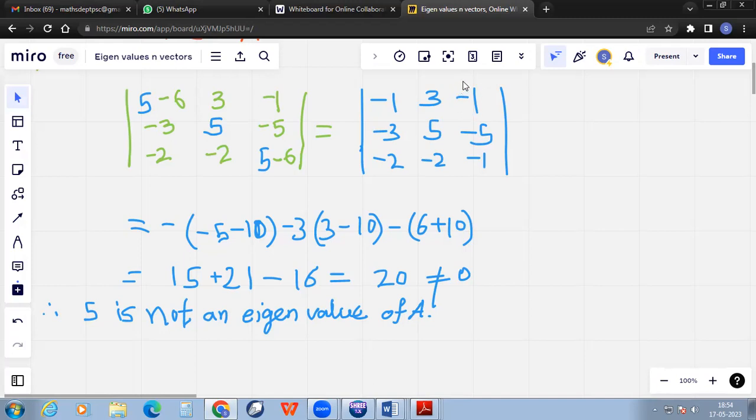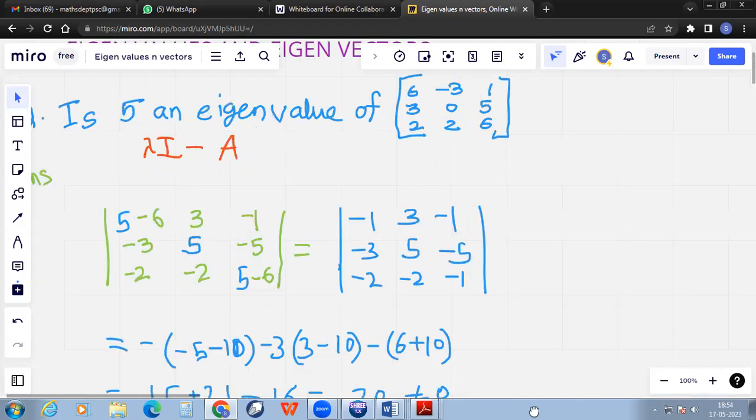This is itself a negative entry, so we will have minus here, and to that we multiply the product 6 minus 10, minus 10, so it becomes plus 10. Ultimately what we find is 15 plus 21 minus 16 equals 20, which is a non-zero entry. So we can decide this 5 is not an eigenvalue of A.